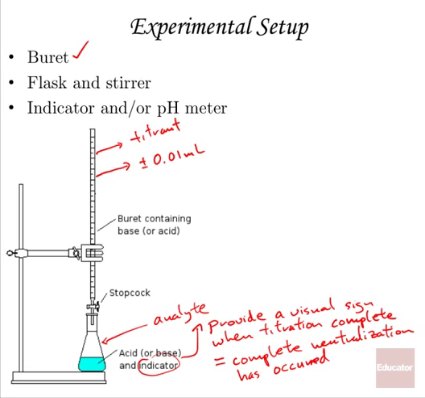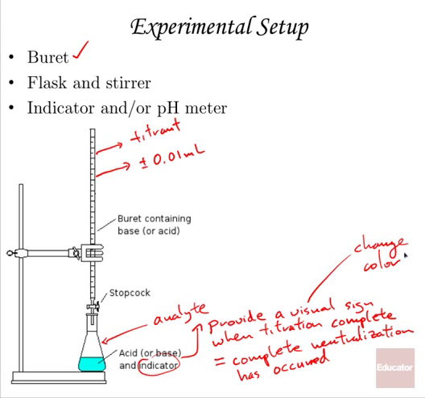Okay, and the visual sign is the indicator is going to change color. All right then, and you're going to do this so much in general chemistry lab, I promise you. It's one of the most traditional types of experiments we teach undergraduates.